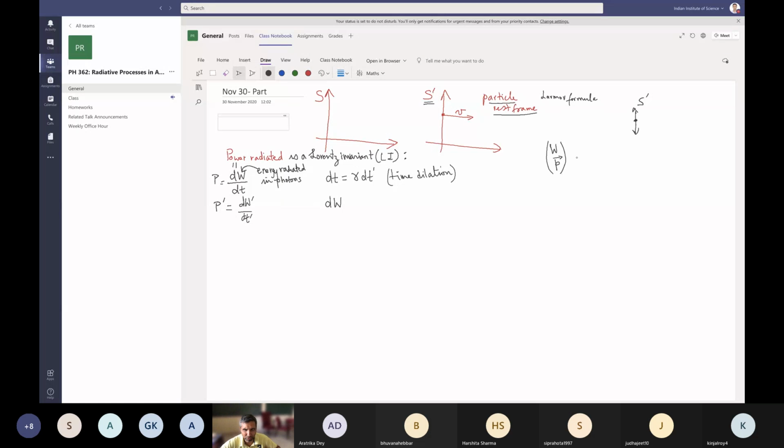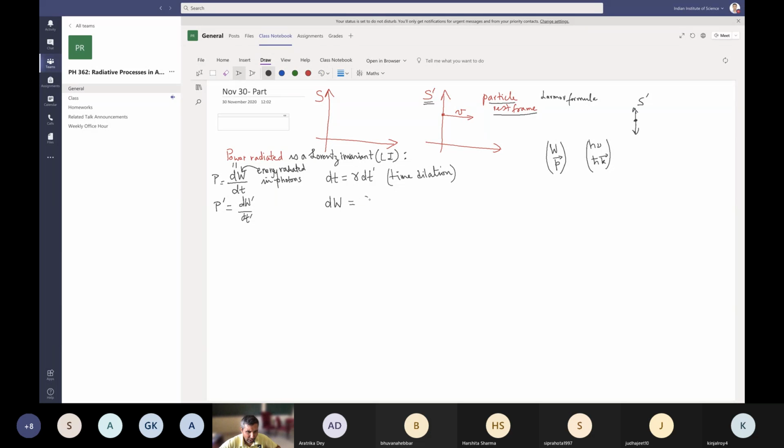Here we are talking about photons, h nu and h bar k. So this is a 4-vector, and it satisfies the Lorentz transformation.